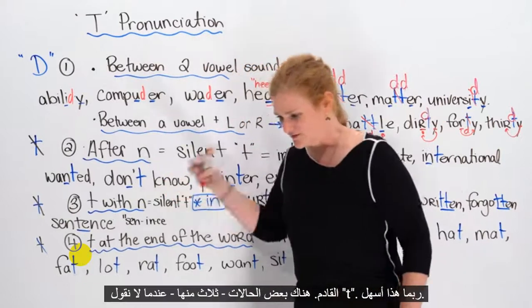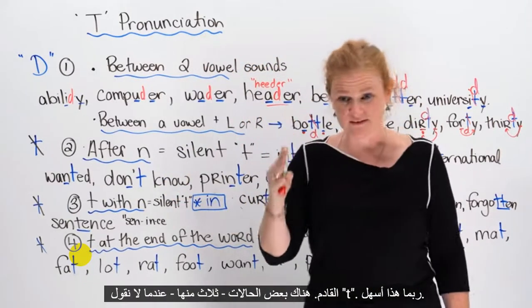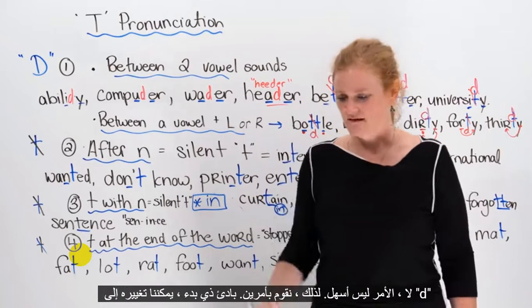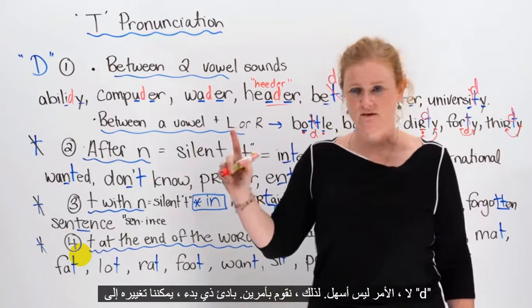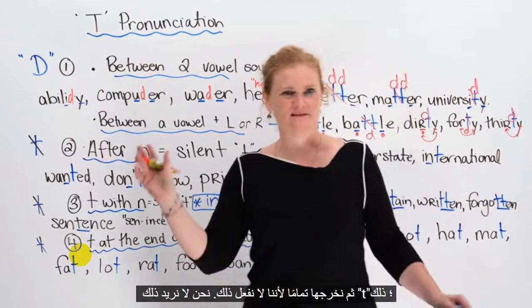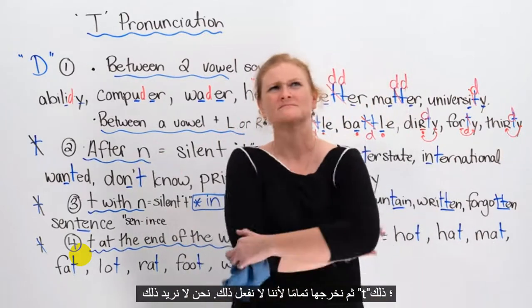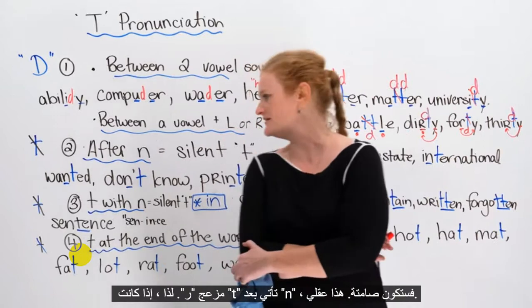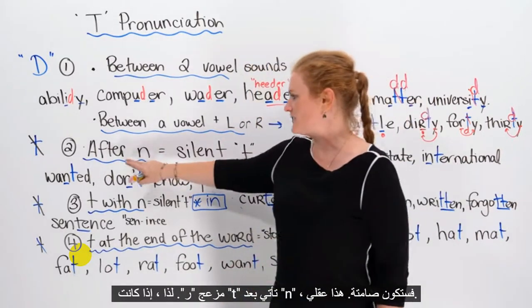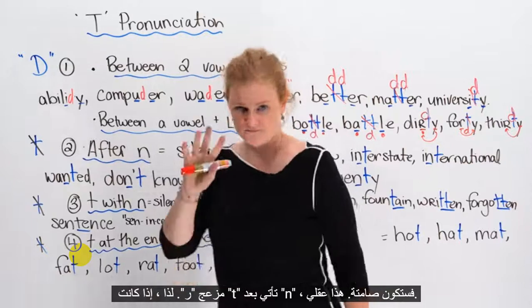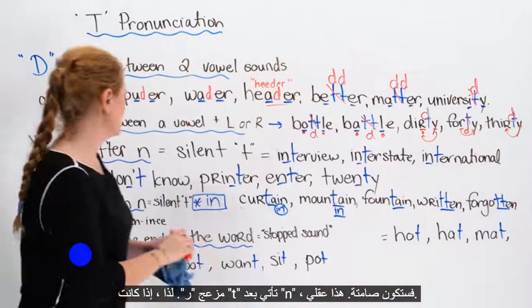Next up. There are some cases, 3 of them, when we don't even say the T. Maybe this is easier. No, it's not easier. So we do 2 things. First of all, we can change it to a D, and then we just completely take it out because we don't want that T, that pesky T. So if your T comes after an N, it's going to be silent. This is mental.